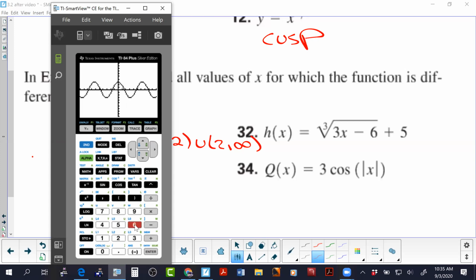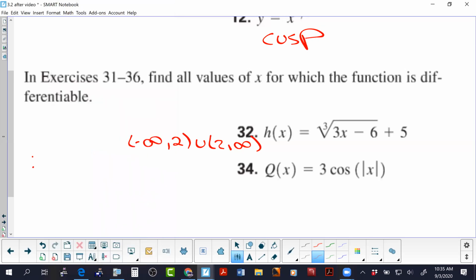But a zoomed out version is probably better because you can see how this is nice and rounded at the top, and this one is not. So there's a cusp there at 0. So negative infinity to 0, 0 to infinity. The problem was at 0 there. There's a cusp there.